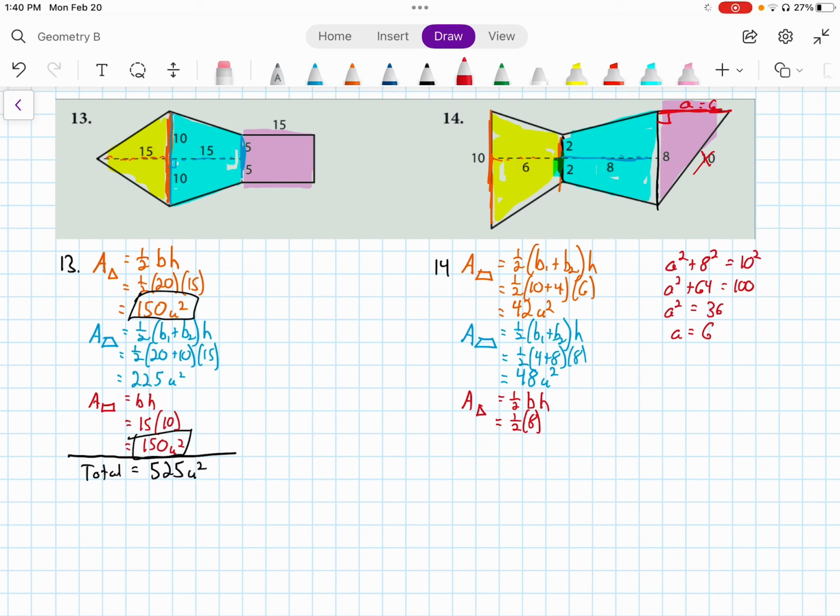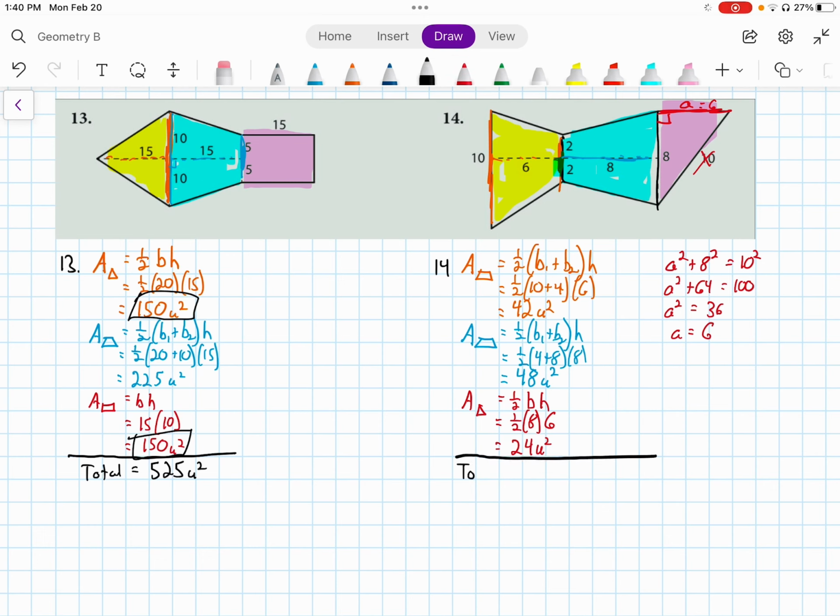So now we know the height. So the base is 8, the height is 6, or the other way around, the base is 6 and the height is 8. Either way, we have half of 8 is 4. 4 times 6 is 24 units squared.